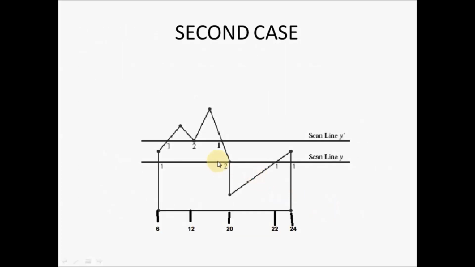But while finding the edges, there are 5 edges. But while finding the intersection points, you can see 20 is appearing 2 times, one for the upper edge and one for the downwards edge. But for making a pair, how many values do we need? 4 values. That's why I am considering 20 only one time, not 2 times.